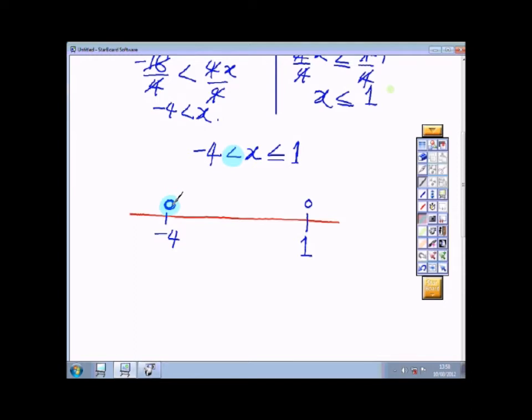On the other hand, the other one, this one, is going to be shaded because this inequality has equality with it. There is an equality sign here. So that makes us have to shade this center here.